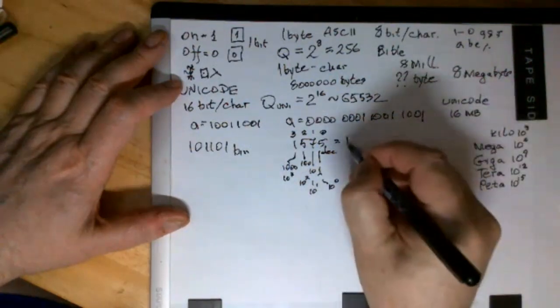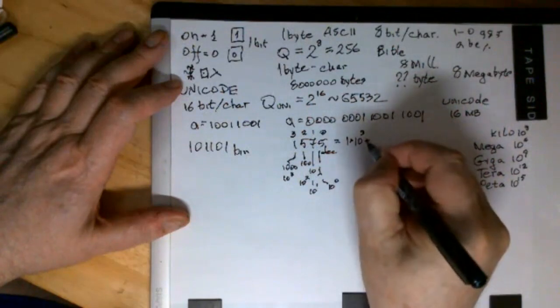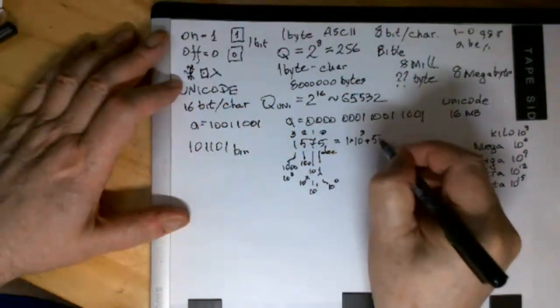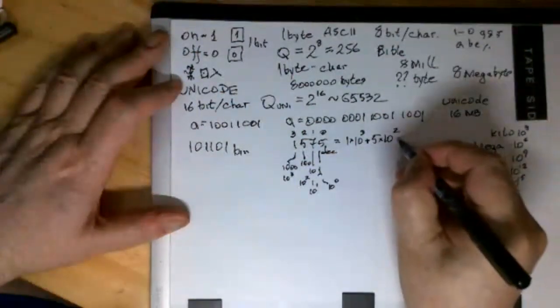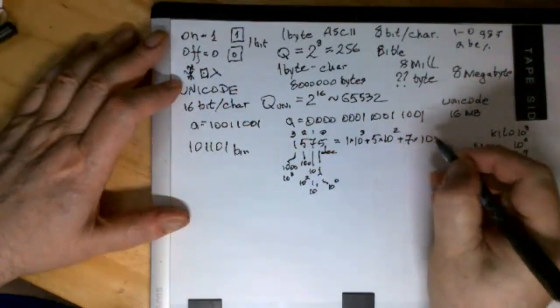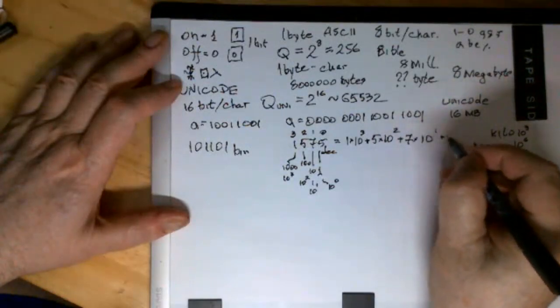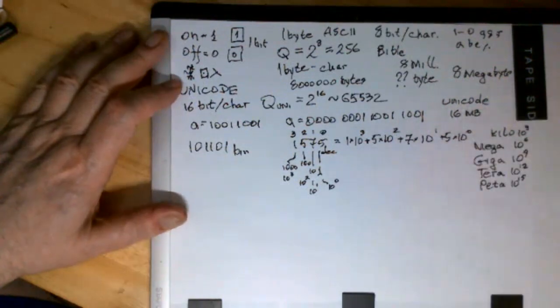So what I can do here: 1 multiplied by 10 in the power of 3 plus 5 times 10 in the power of 2 plus 7 times 10 in the power of 1 plus 5 times 10 in the power of 0.